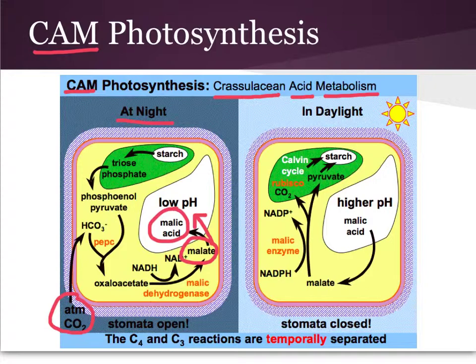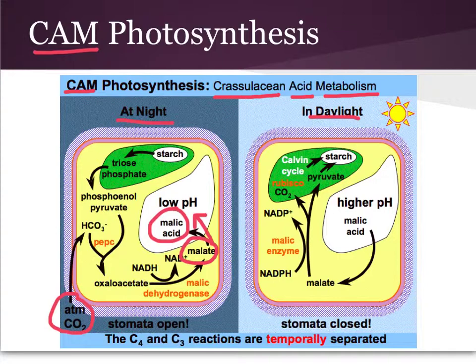So ultimately, when the stomata are open, our CO2 comes in through the stomata and is converted into malate, our 4-carbon molecule, and is stored in our vacuole. During the daytime, when plants can perform their light reactions because we've got sunlight now, the chloroplasts are performing their light-dependent reactions, and the products of the light-dependent reactions are sent back into the stroma.